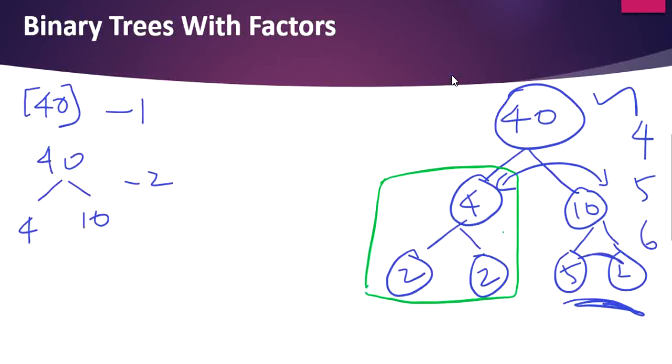So the number of trees formed is the number of trees formed by its left child times the number of trees formed by its right child. So by using this technique, we are going to fill in our DP array and arrive at our solution.